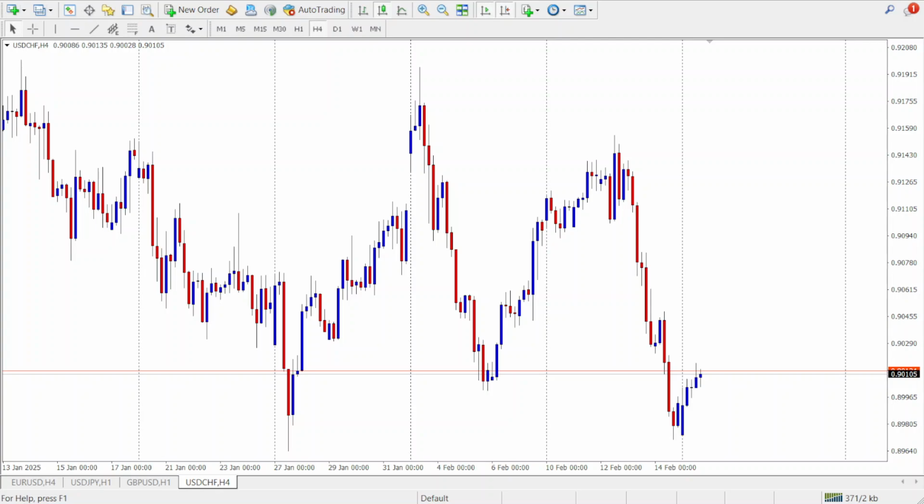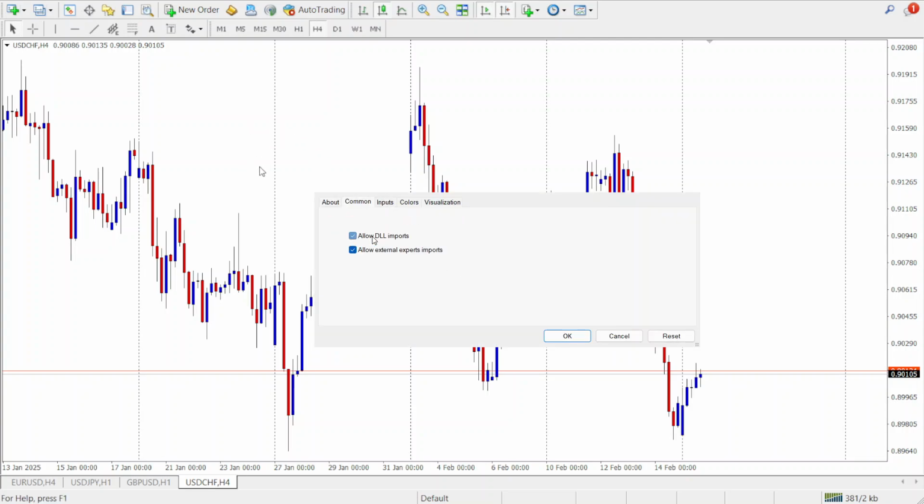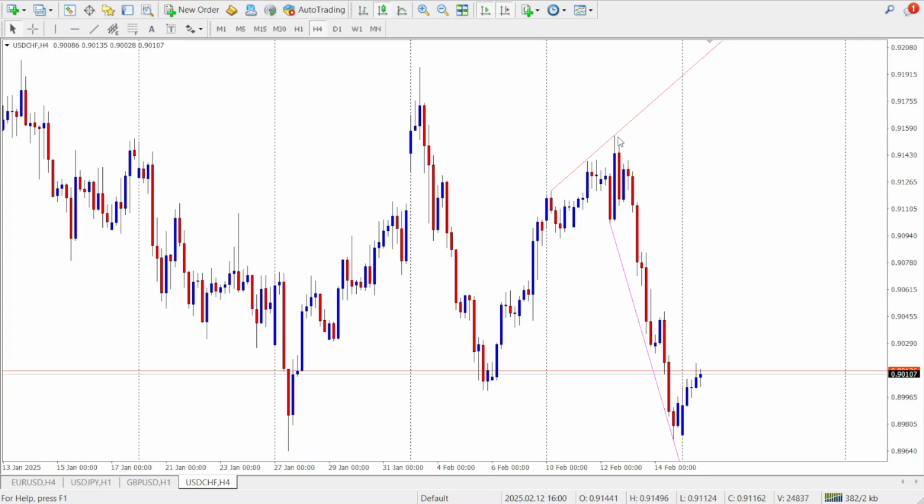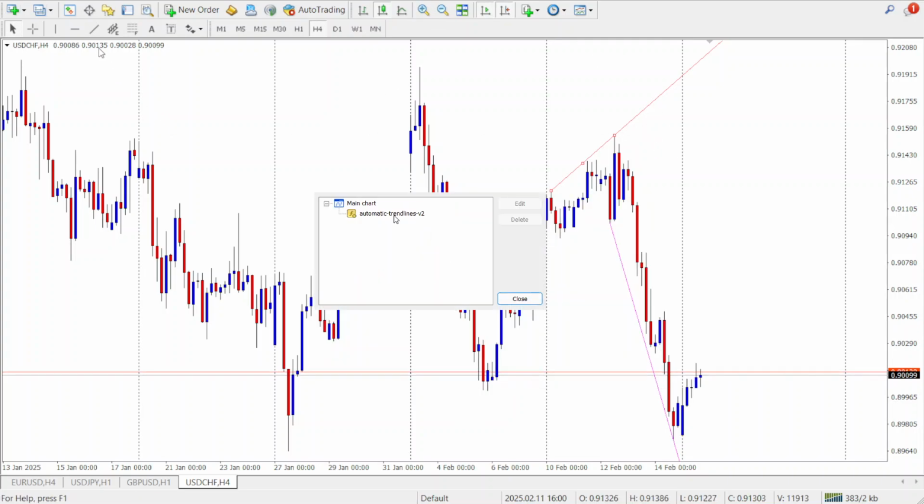So what exactly is the auto trend lines indicator? All right, now, I'm just going to increase the thickness of the lines to make them more visible.